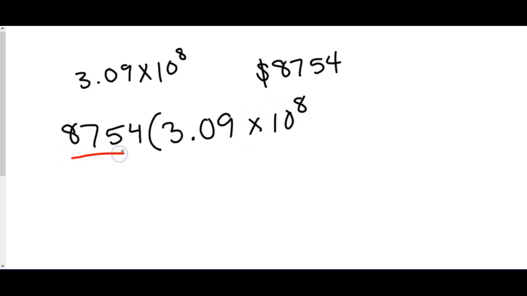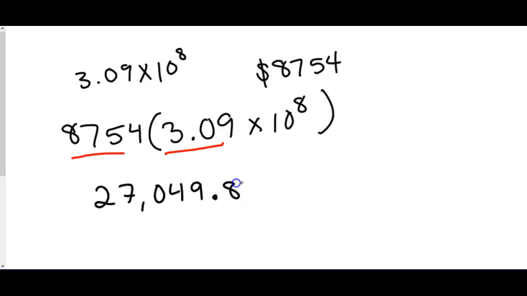Again, we just multiply the numbers in front of the times 10 to the 8th stuff together. So 8754 times 3.09 is 27,049.86. And we still have times 10 to the 8th.